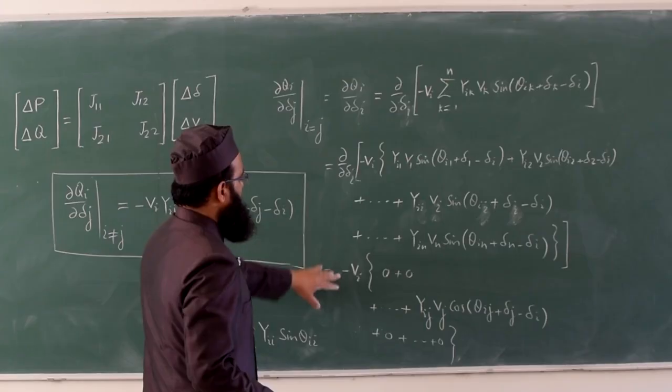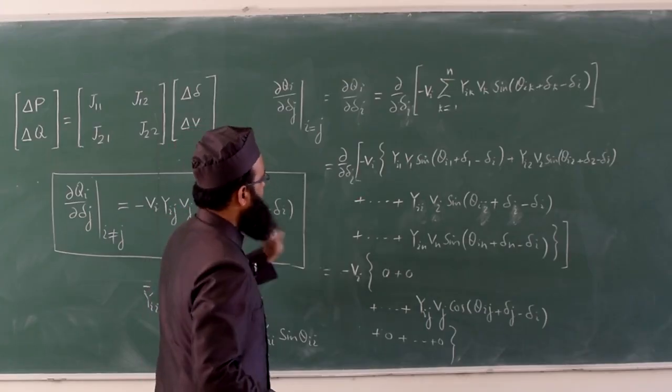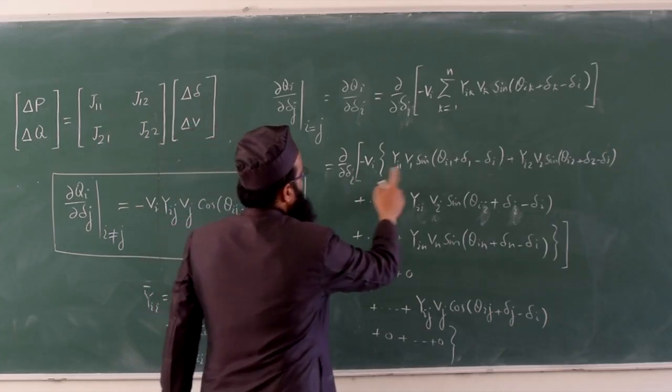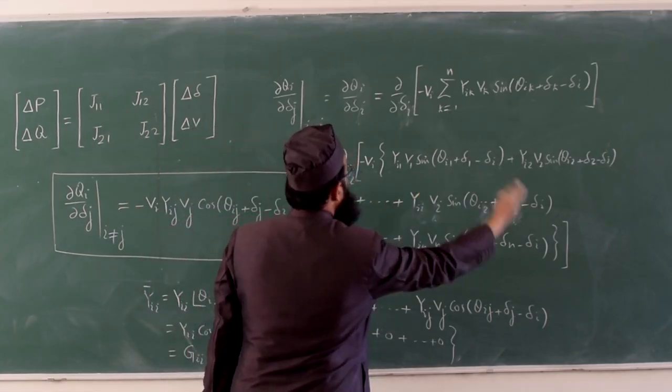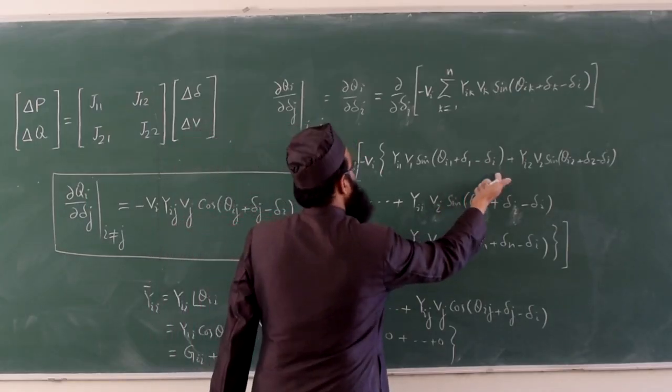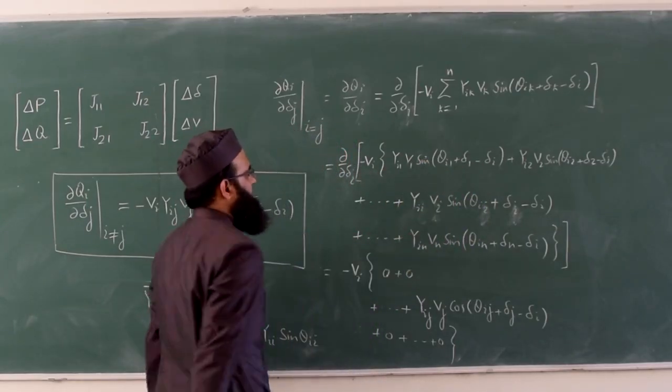So, this time we will write here minus Vi, fine. First term del delta I, corresponding to sine we will get cosine, and minus delta is there. So, again minus, so that minus will get cancelled.